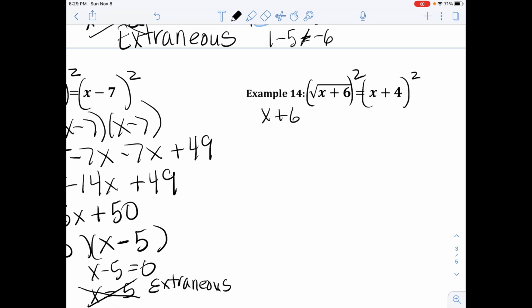We're going to get x plus 6 equals x plus 4 multiplied by x plus 4. Remember, if it has a square root, when you square it, it's just what is on the inside.